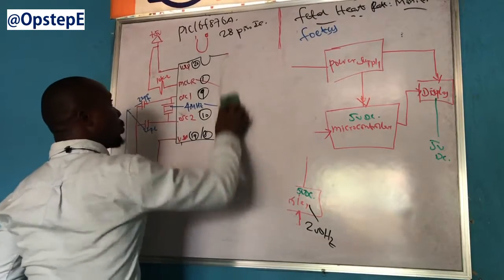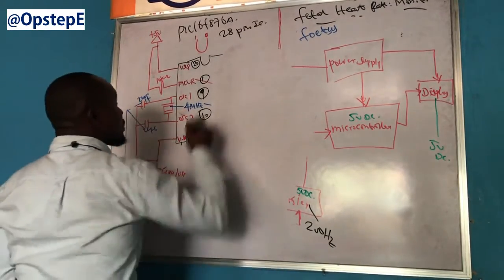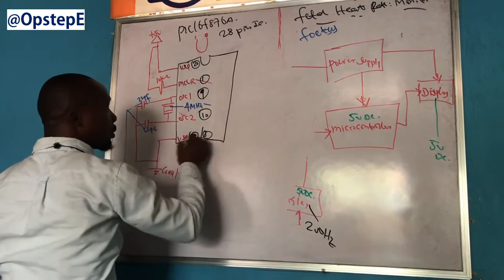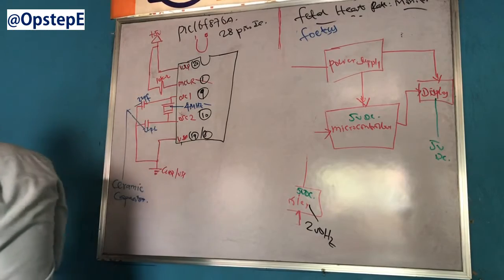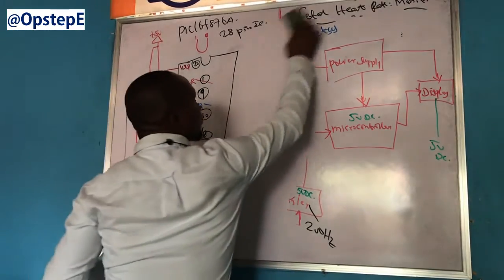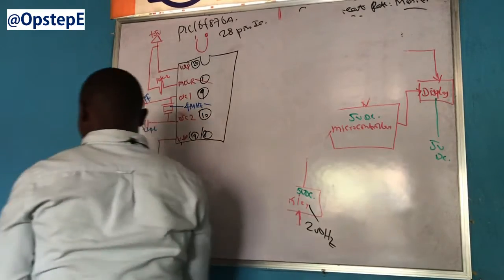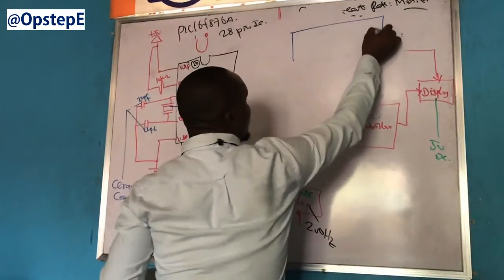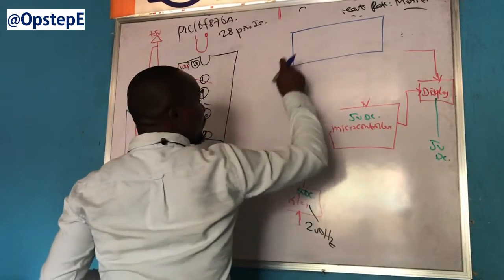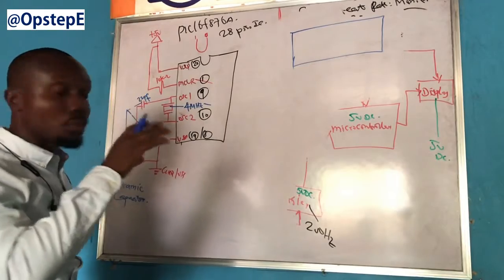Now, I told you that the microcontroller also has your LCD. Now your LCD, if this was your LCD, I just want to highlight the pins that we use.